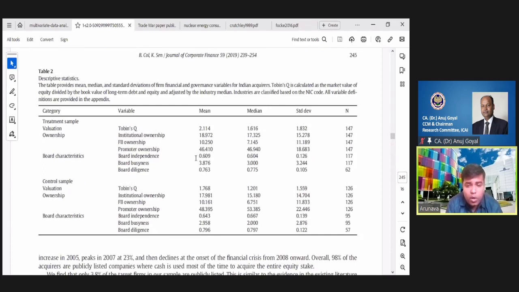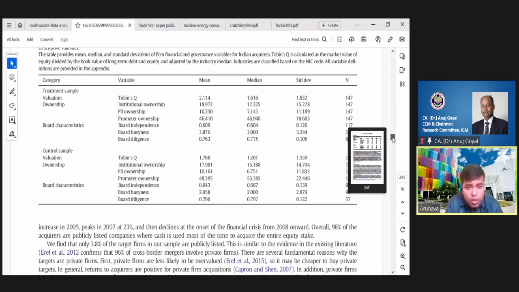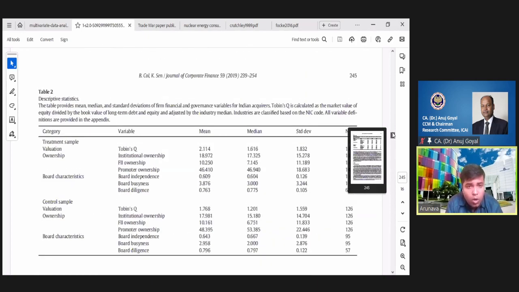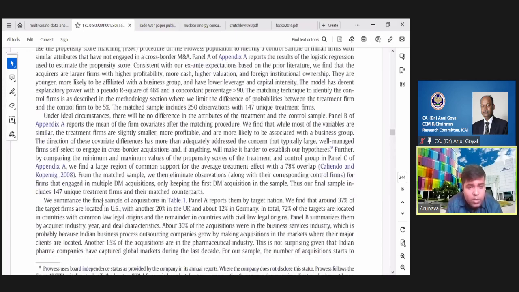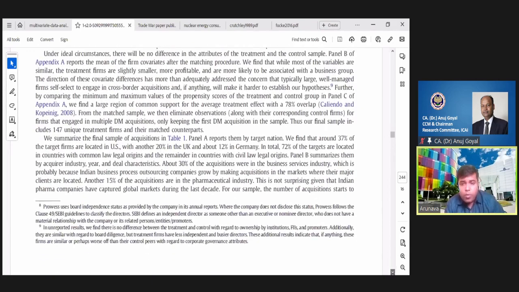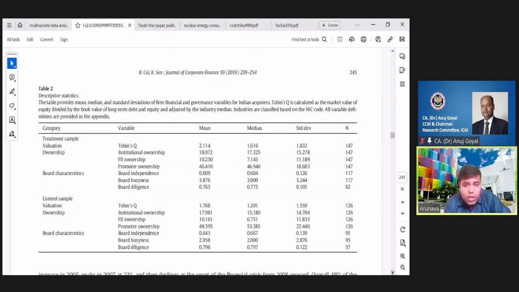I have put in only this snippet, and you can see this descriptive statistics provides lots of answers. In the data part itself, it says we have summarized the final sample of acquisitions in table 1, and they have reported the different analyses.